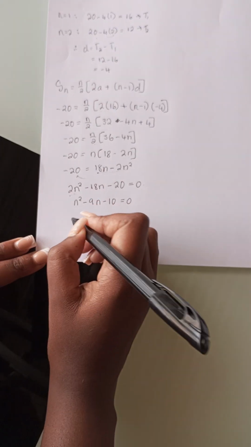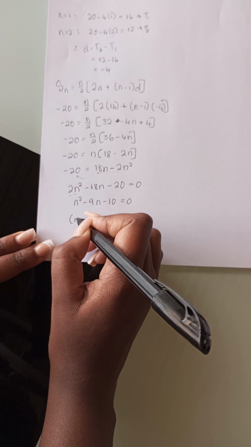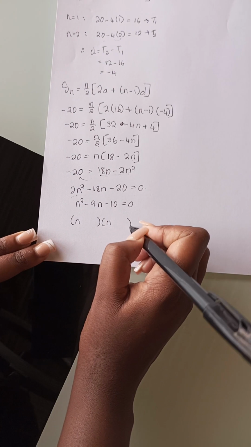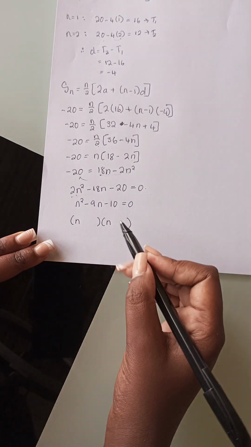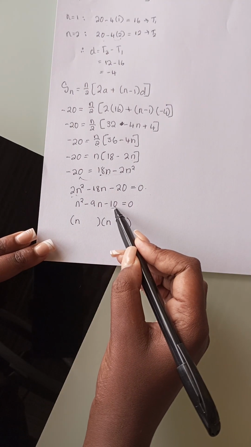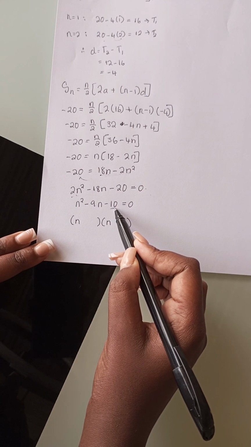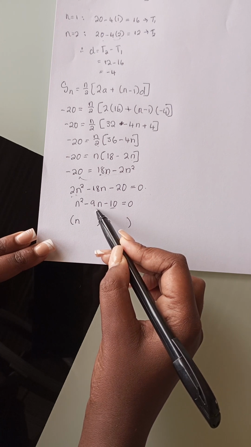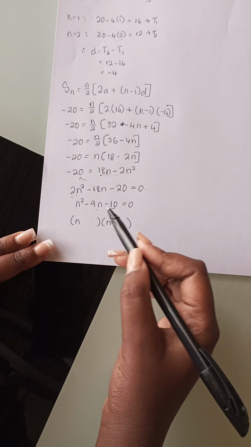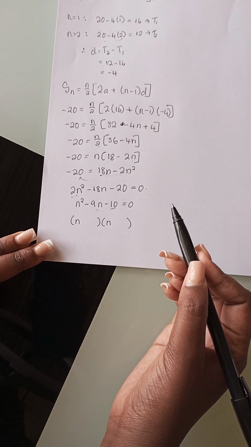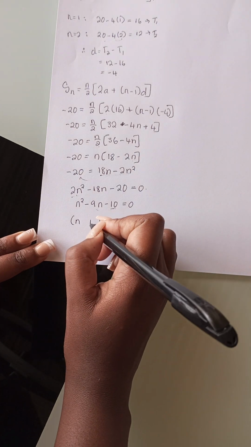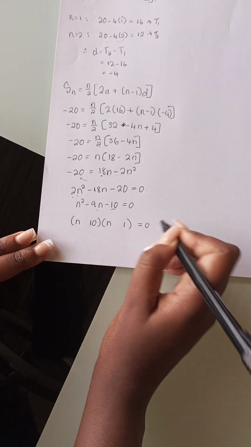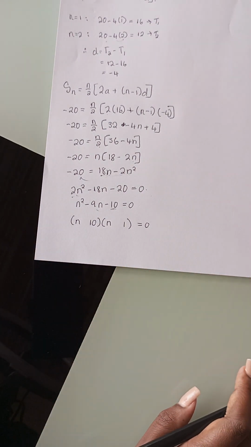Okay, so we know that when we are factorizing a trinomial, we have 2 brackets, we have n, and now we have to look for factors of 10 which, when added or subtracted from each other, will give us 9. So we have 10 and 1. 10 minus 1 gives us 9, right?